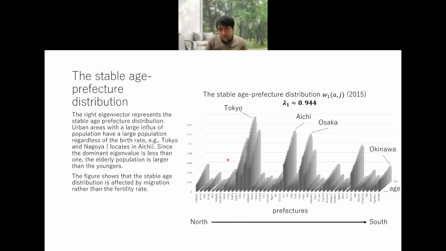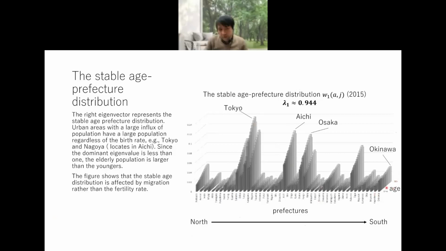Urban areas with a large influx of population have a large population regardless of the birth rate. For example, Tokyo, Nagoya located in Aichi, and this one is Tokyo, and this one is Osaka. Since the dominant eigenvalue is less than 1, the elderly population is larger than the younger.